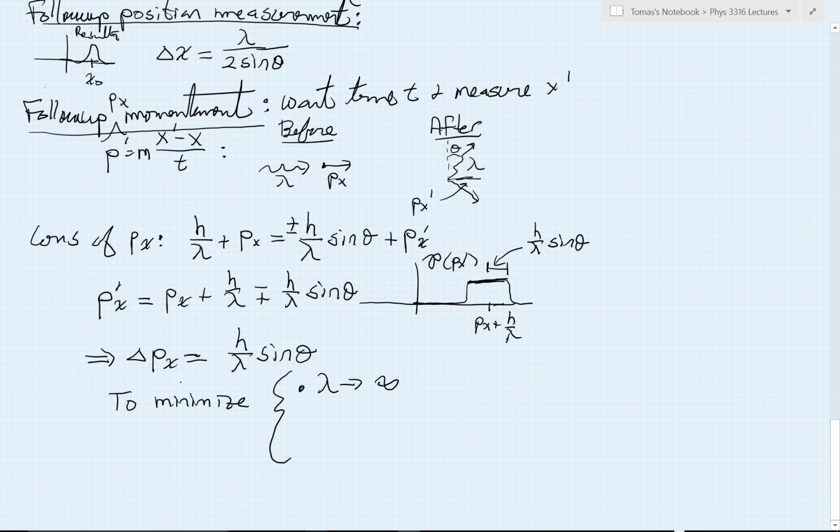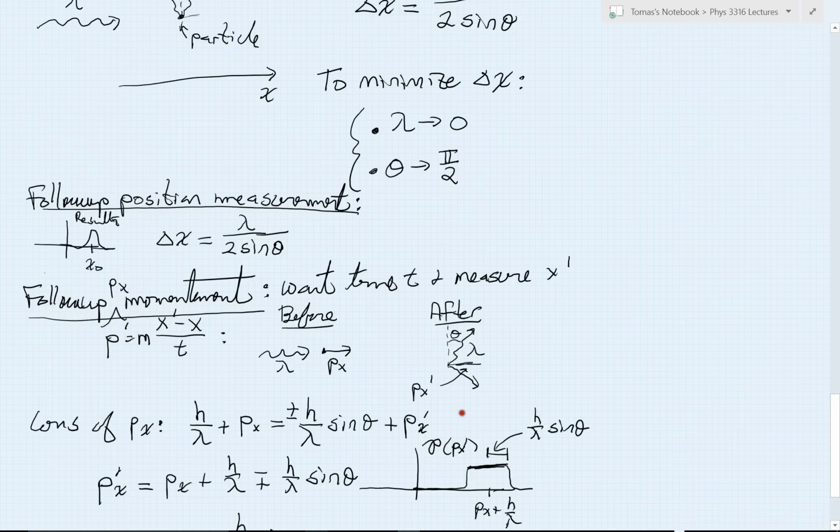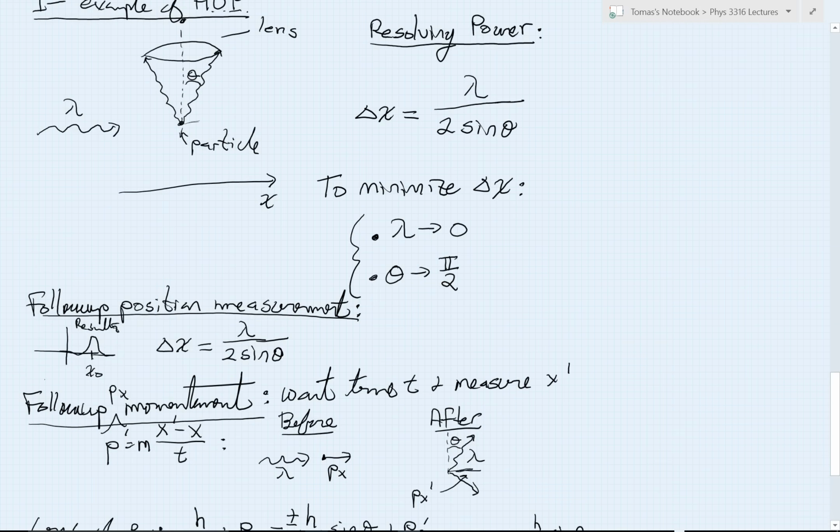and I would get a very narrowly defined momentum distribution. Also, what I would like to do is let the angle theta go to 0. And you can see why that would be nice, because if my lens doesn't span over a wide range of angles, if it's just really almost like a point, then there's no uncertainty in the momentum because I knew the incoming momentum and I know the outgoing photon went essentially straight up.